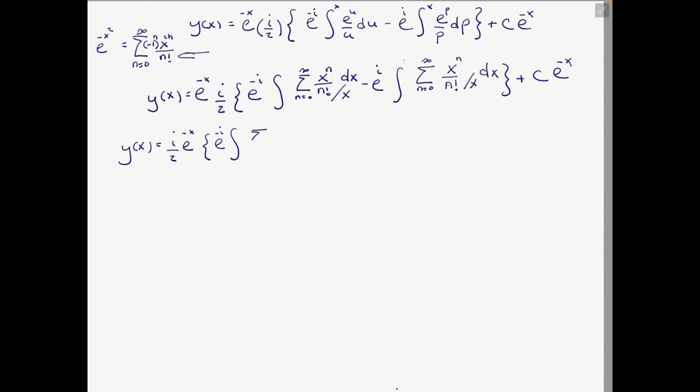Okay. When we look at this, we have x to the n minus 1 on n factorial dx, minus e to the i, x to the n minus 1 on n factorial dx. And now we integrate.